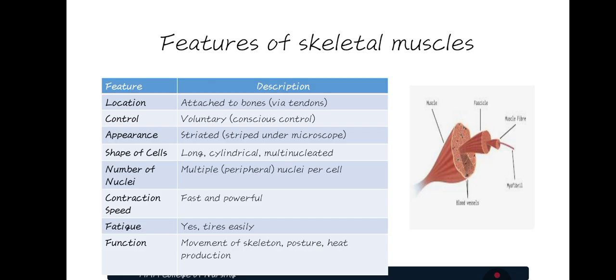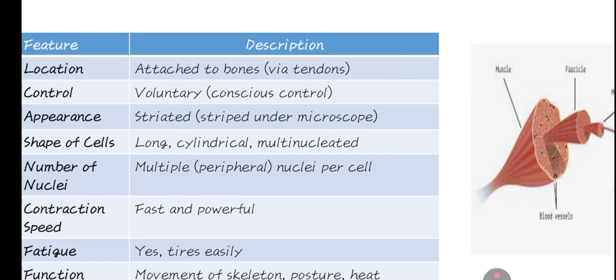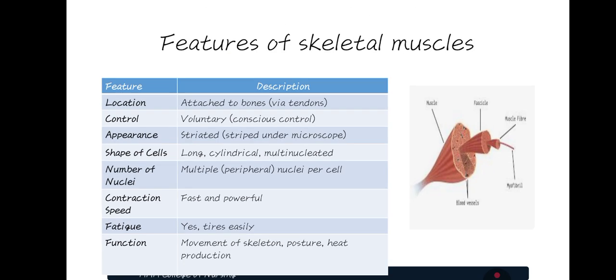Coming to the features of skeletal muscles. So the features and descriptions. The location: attached to the bones via tendons. Control: voluntary, conscious control. Appearance is striated, striped under microscope.